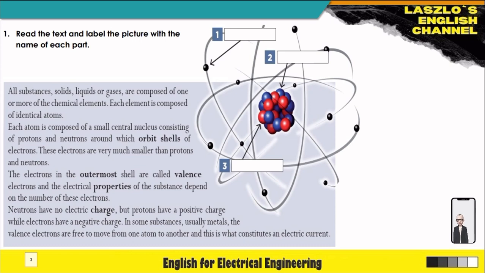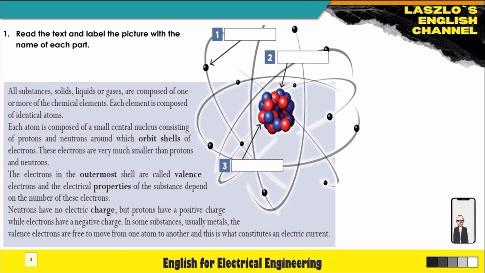All substances, solids, liquids, or gases are composed of one or more of the chemical elements. Each element is composed of identical atoms. Each atom is composed of a small central nucleus consisting of protons and neutrons around which orbit shells of electrons. These electrons are very much smaller than protons and neutrons.